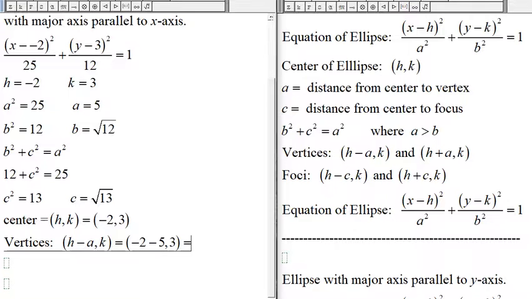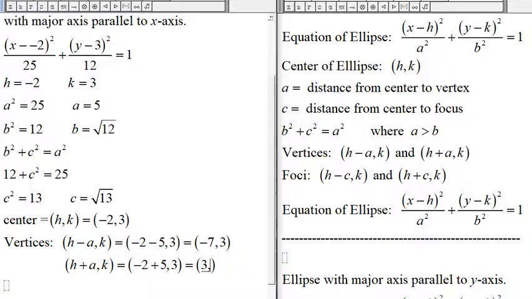And this is equal to (negative 7, 3). And the other vertex is h plus a, comma k. So instead of a minus, it would be plus. So right here we get (3, 3).